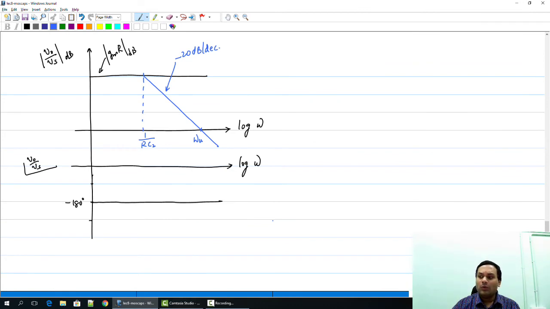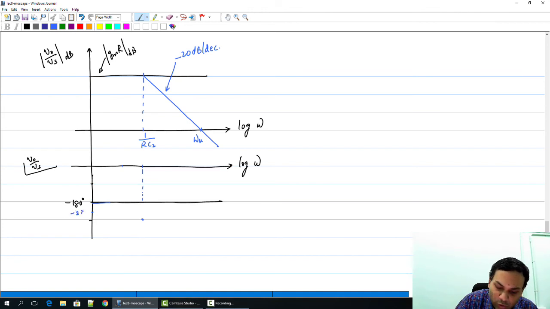What about the phase response? Now it turns out that in this particular circuit, at low frequencies the phase is still minus 180 degrees. So the circuit starts off at minus 180 degrees, but a little bit before it hits the pole at 1 over RC2, the phase starts to reduce further, and that starts happening at approximately 1/10 of this frequency, and at the pole frequency the pole should give a phase of exactly minus 45 degrees, and that will happen here.